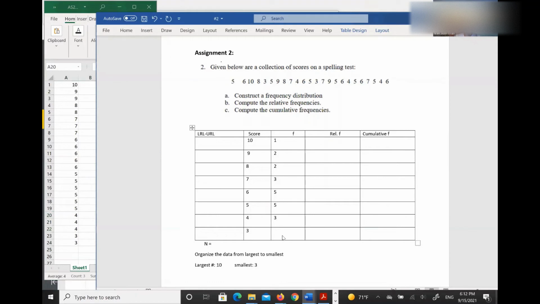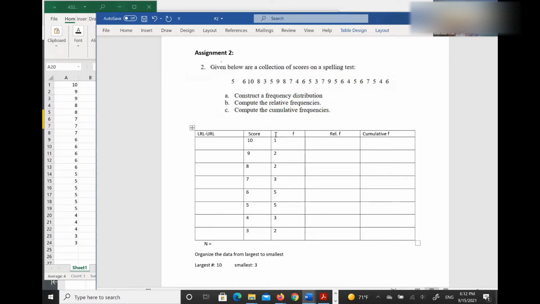Number 3, what is the frequency of number 3? Good, so 2. Good job, everyone. We're done with all the frequencies. So that's part A: construct a frequency distribution. That is part A, and let's move on to part B.